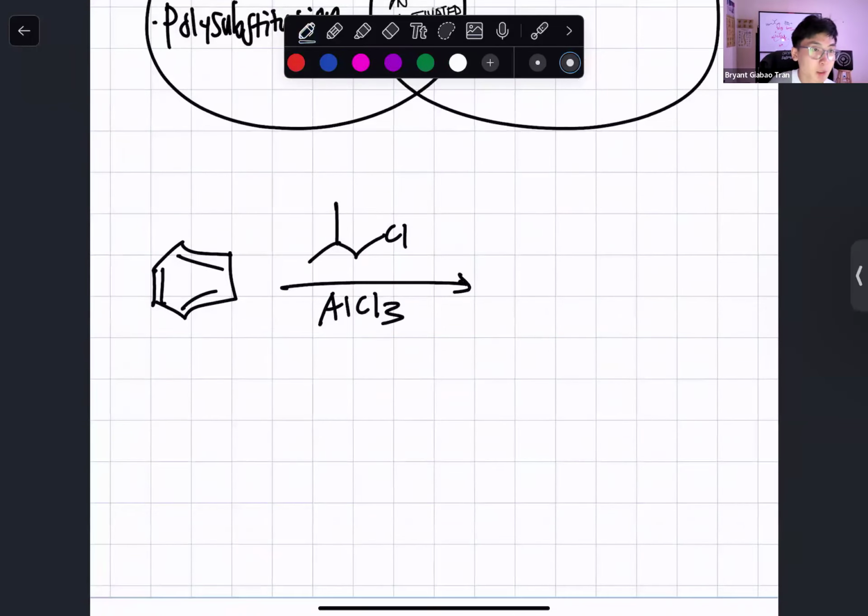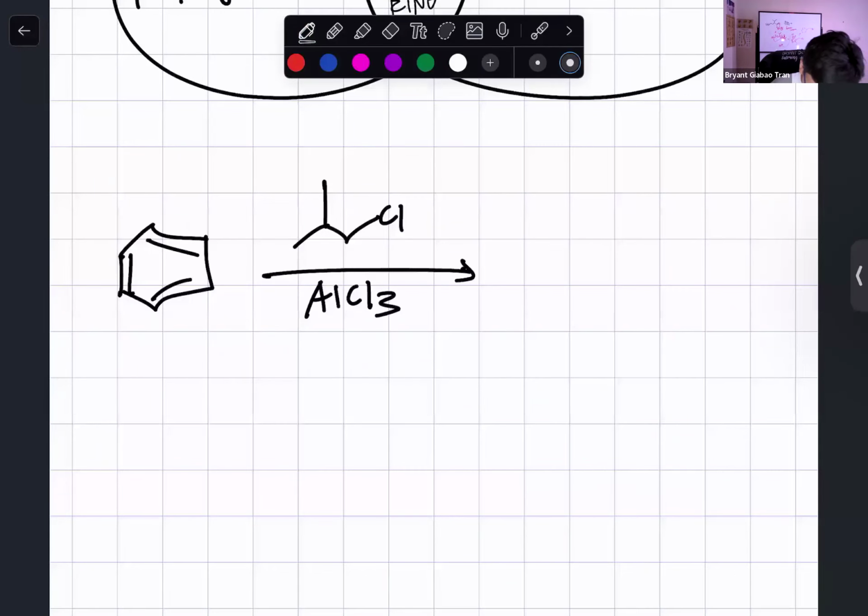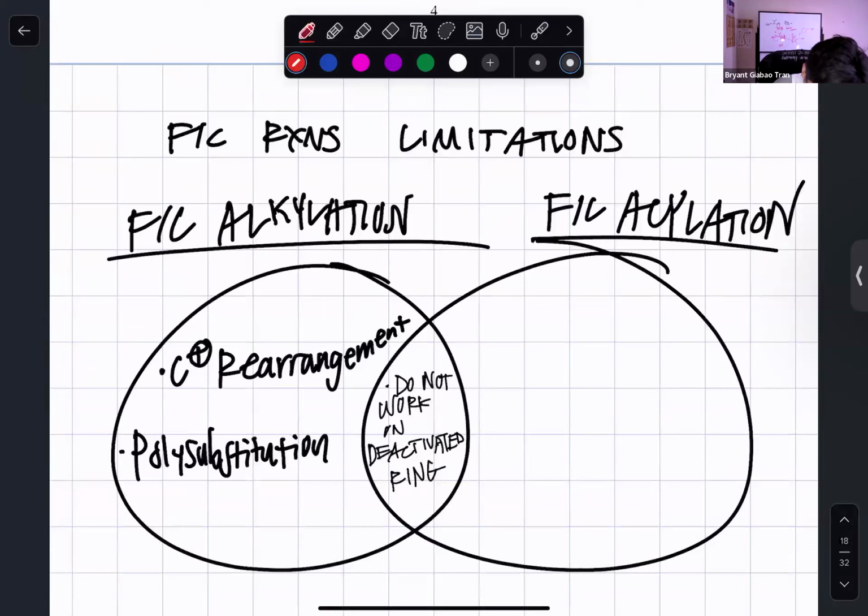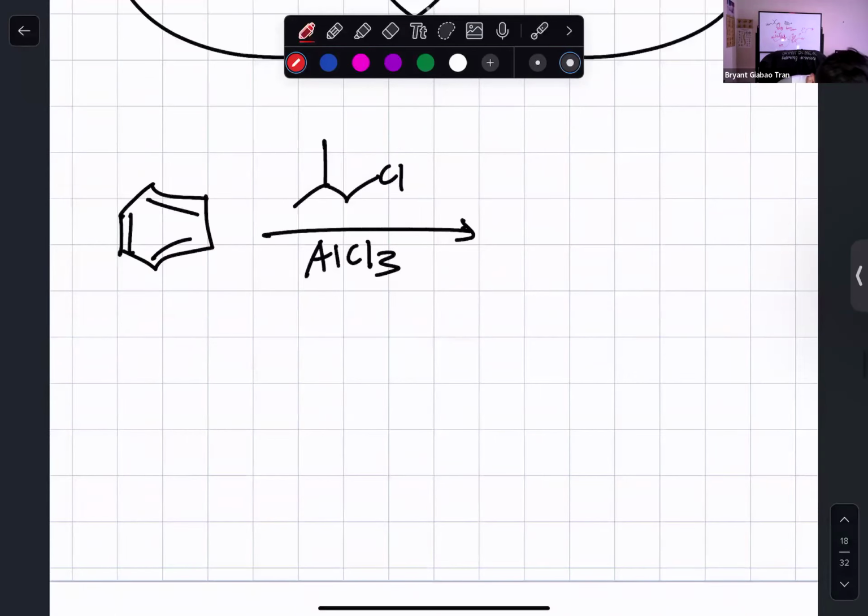I'm going to show you guys the quick way to predict the product without doing the whole mechanism. In Friedel-Crafts alkylation, always think of a carbocation intermediate, right? Where we see that the leaving group here cannot leave. So to think about this, right?